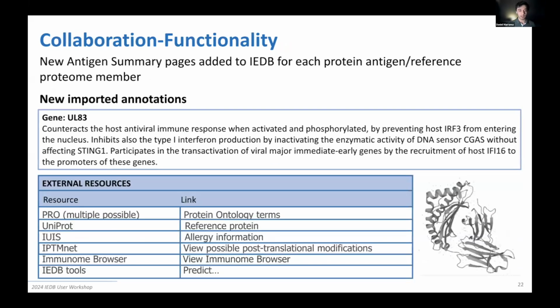What we're also trying to do is link out from the resources I just mentioned to capture annotations like the gene name, function, structure, things like that, or post-translational modifications, so that we can display that on the IEDB or link them out so that users can more easily streamline what they're trying to find.